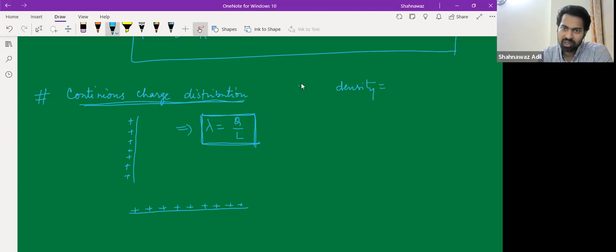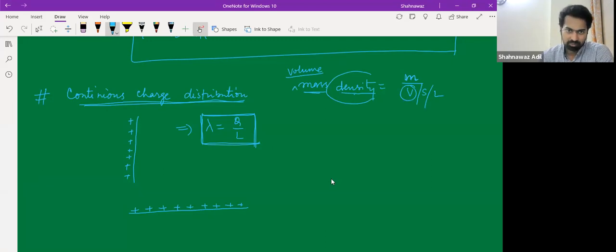Whenever I define mass density, it is mass by volume, so this is called the volume mass density. Mass density means mass in the numerator, and density means whether it is volumetric, surface, or linear. Understood?